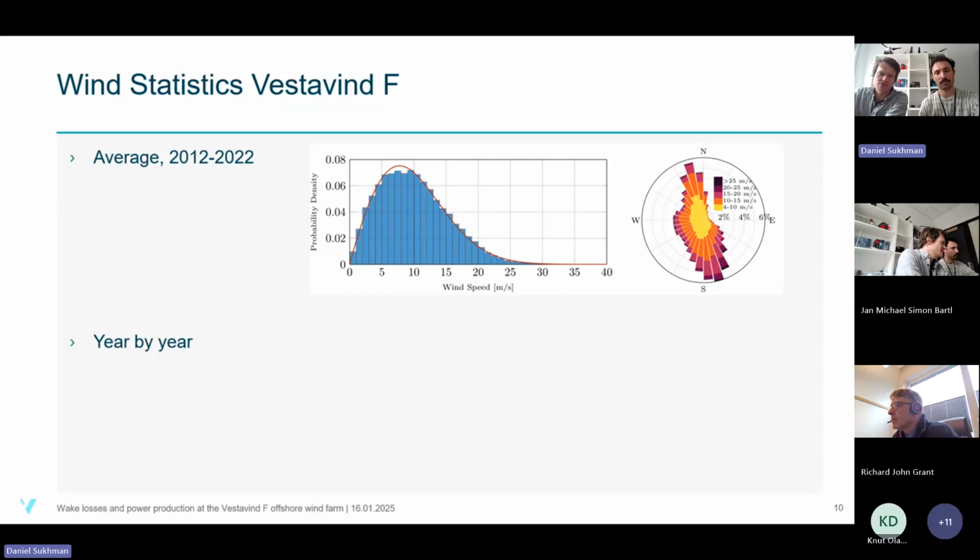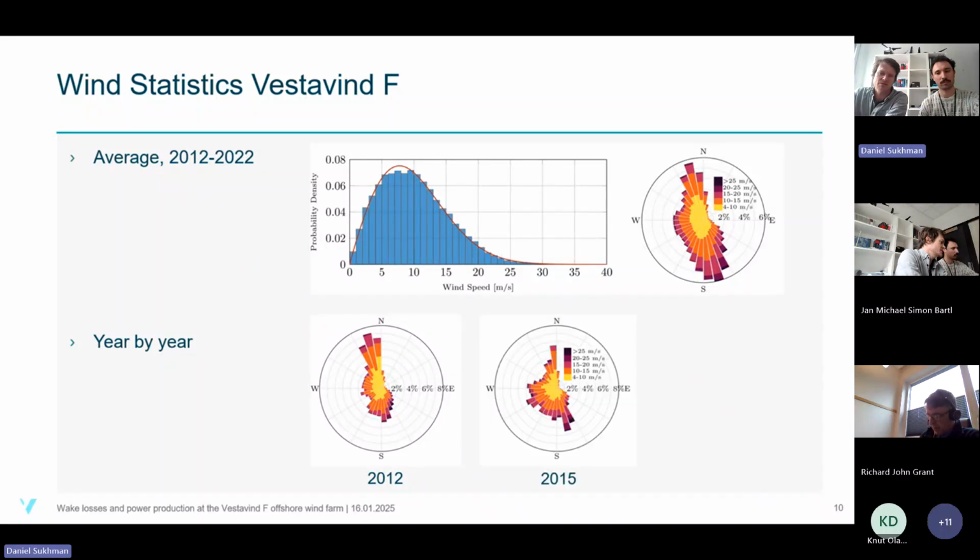But what is more interesting is that we looked into those data and analyzed them year by year for every one of those 11 years, and found a quite large variation in both the wind speed distribution and also the directional distribution, which is reflected in those windroses.